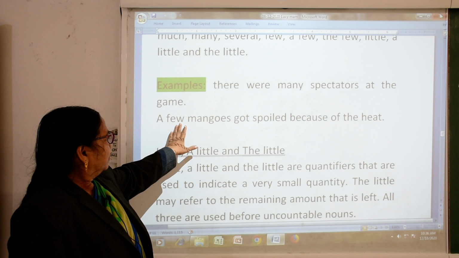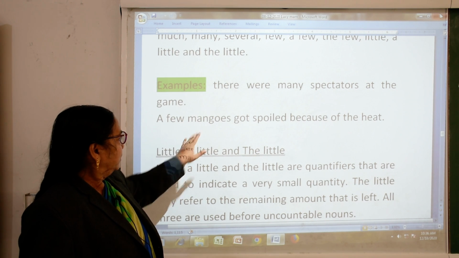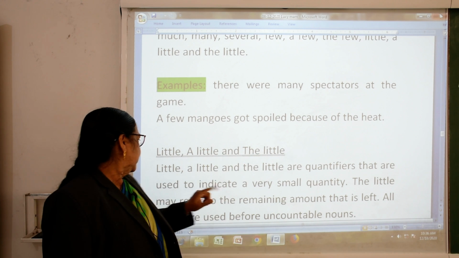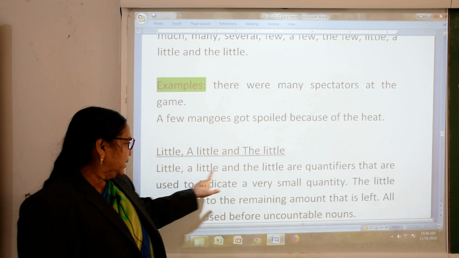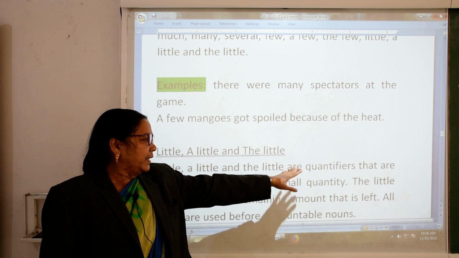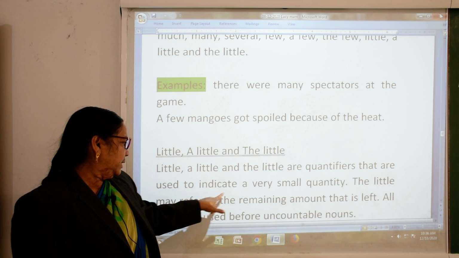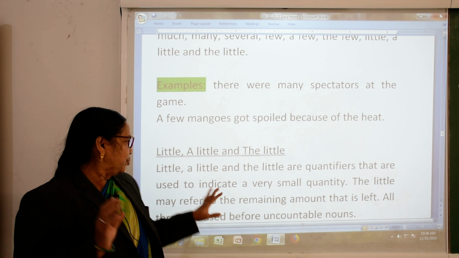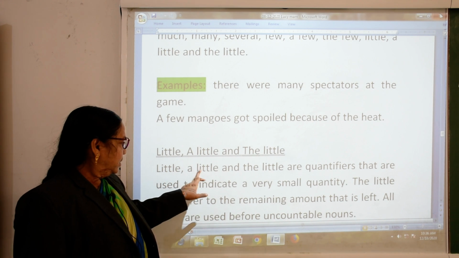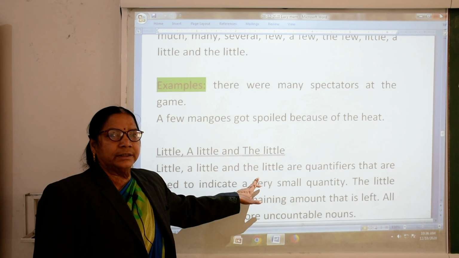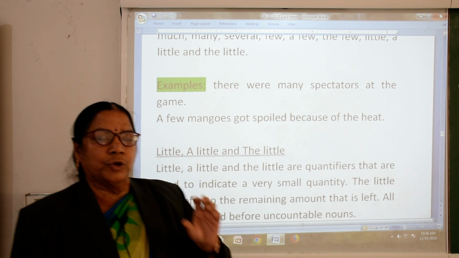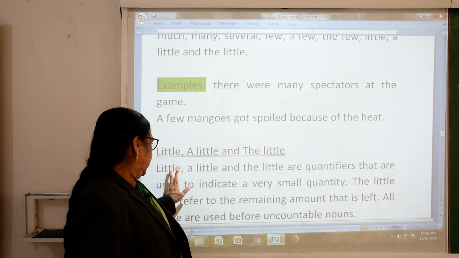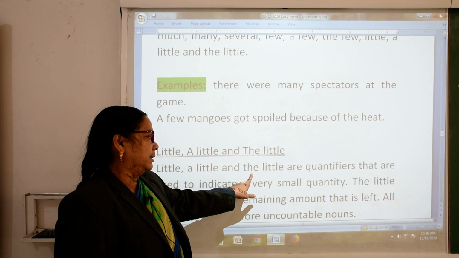Little, a little and the little are quantifiers that are used to indicate a very small quantity. When the quantity is very small, then only we will say little, a little and the little.